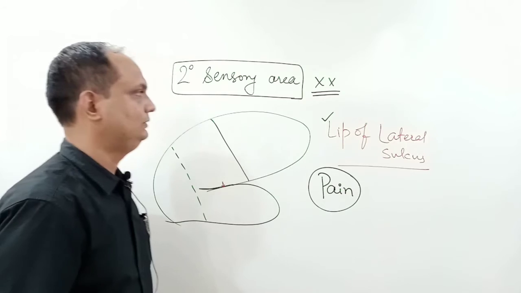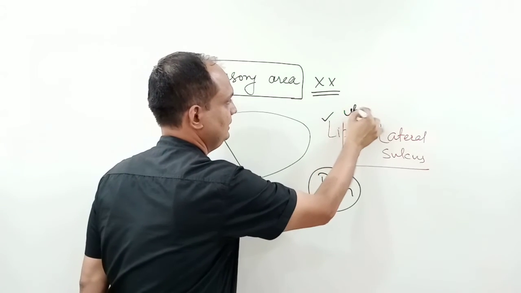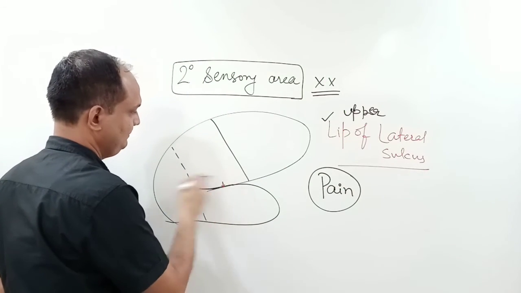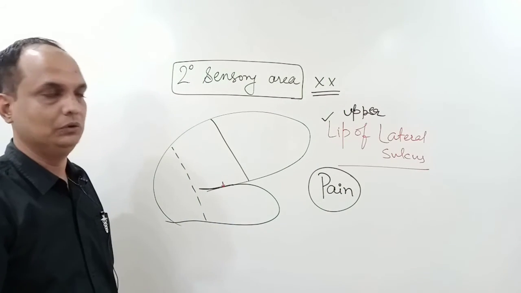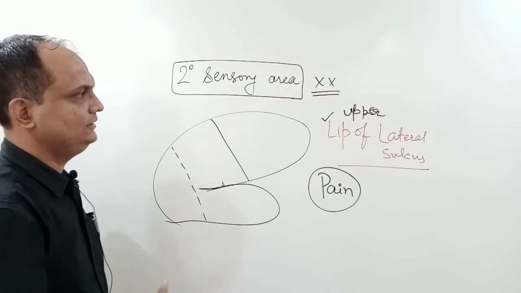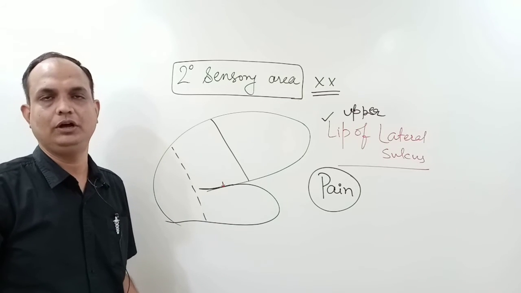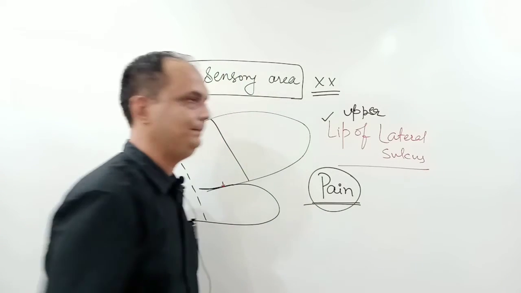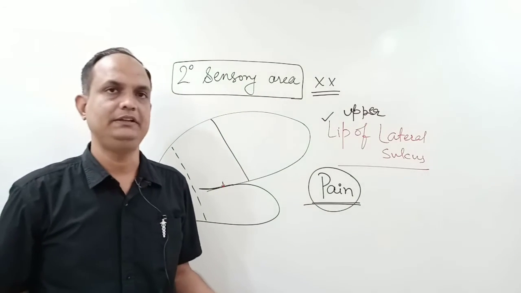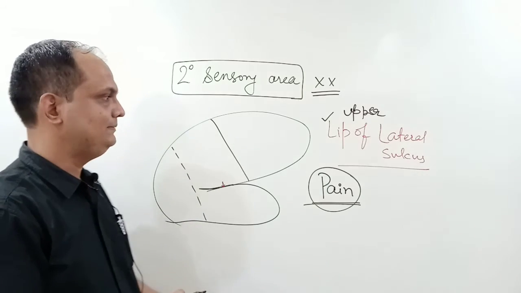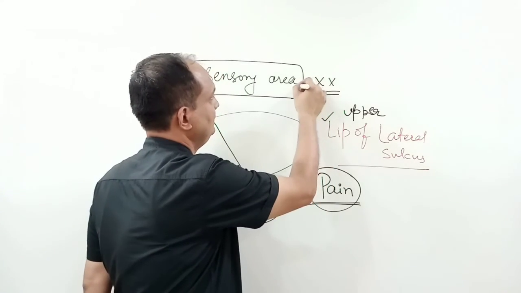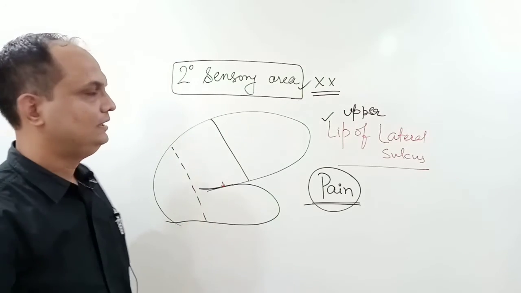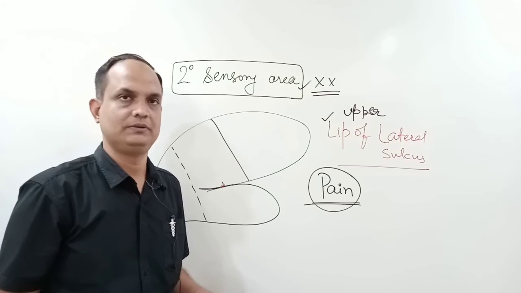Along the upper lip of the lateral sulcus, in the posterior part of the parietal lobe. Its function is not much known, but it is said to be concerned with pain. If a person has very severe intractable pain, sometimes damaging this area may relieve the pain. Otherwise, injury of this area does not affect much.